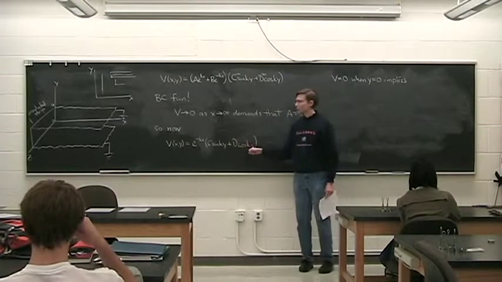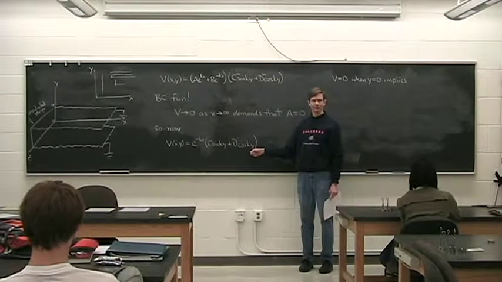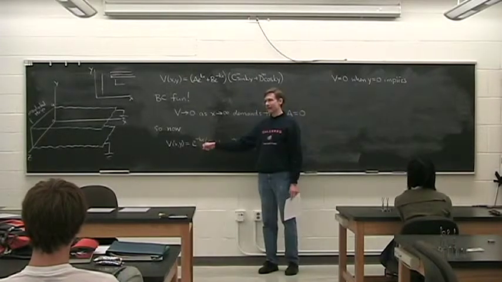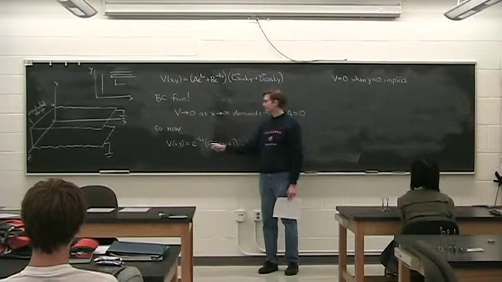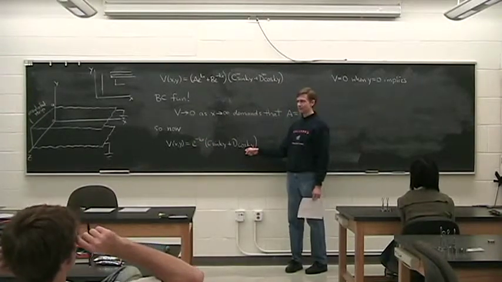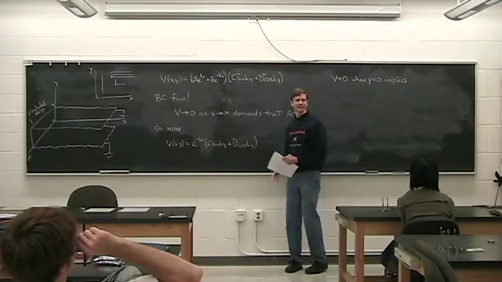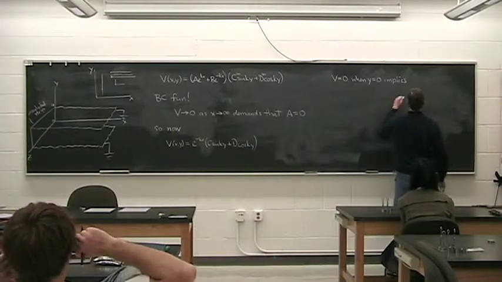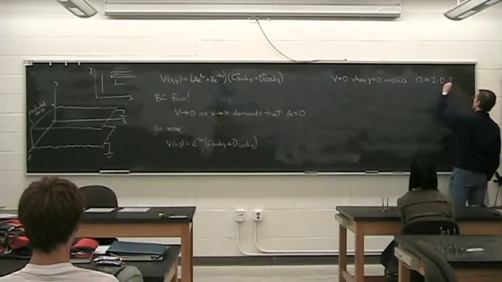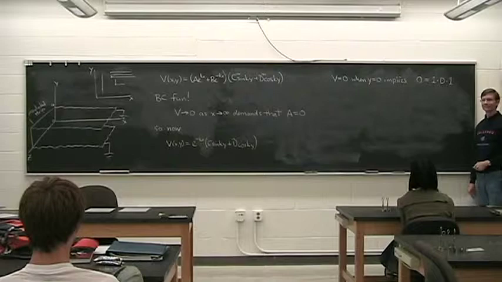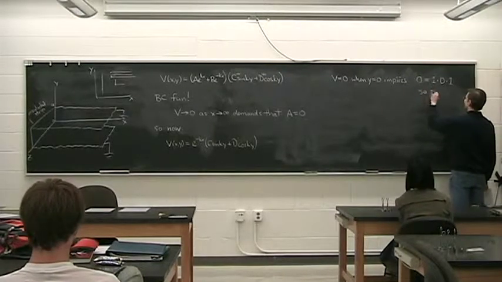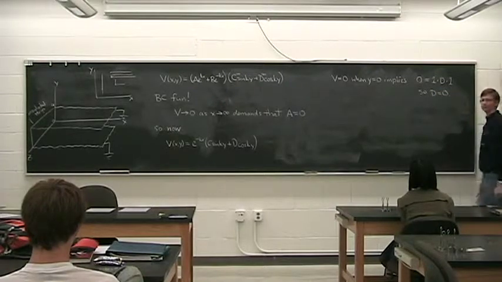On the other hand, cosine k0 is 1, right? So at y equals 0, this becomes e to the minus kx times 1 times d times 1. So 0 equals 1 times d times 1. Okay, solve that for d. What do you get? Yeah, you get duh. So d has to be 0.